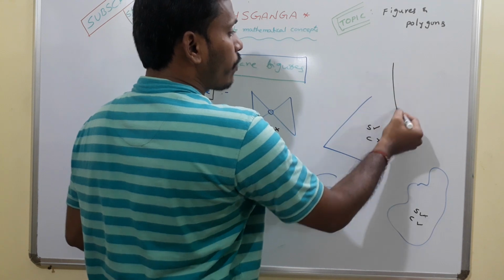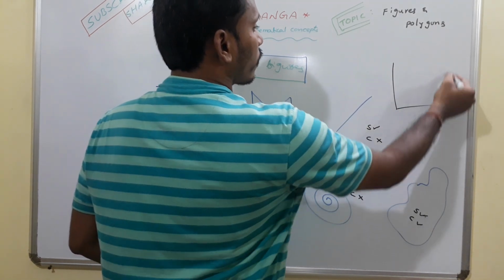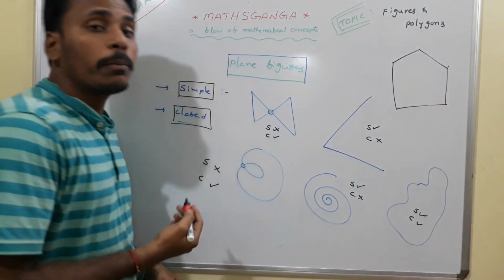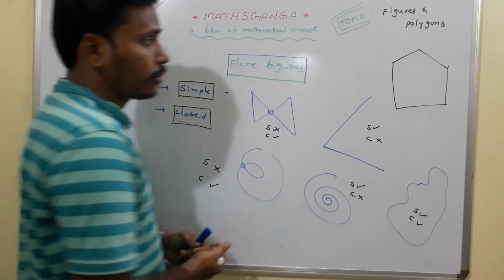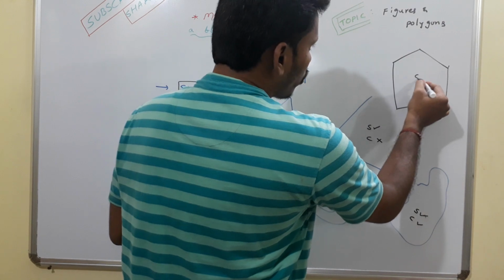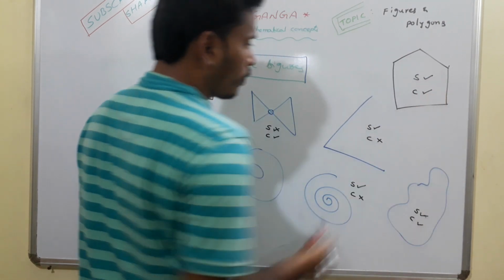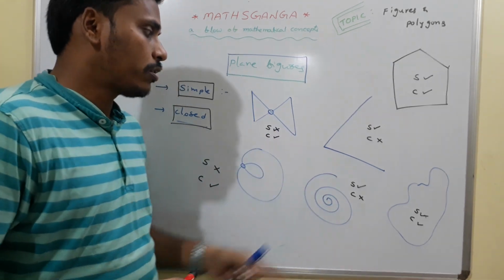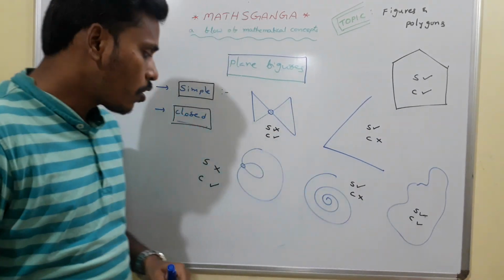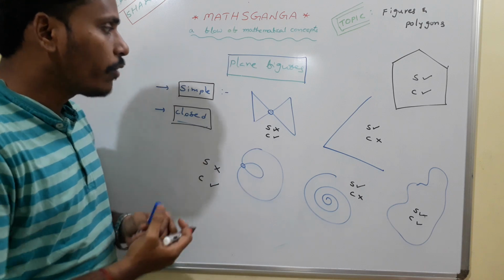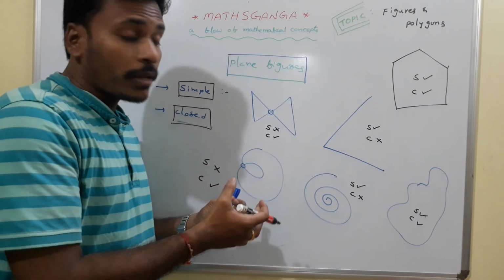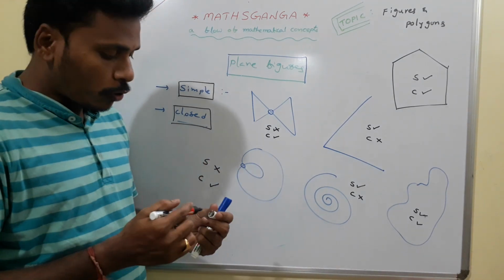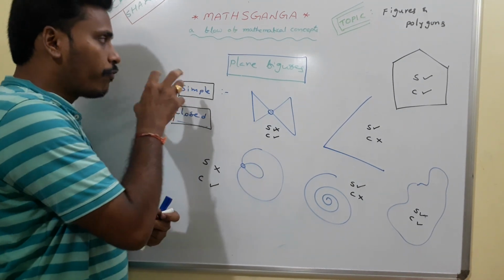For example, if we have a figure like this, it is simple because it doesn't have an intersection, and also closed. So: not simple, closed; simple but not closed; simple and closed. These are the basic types of figures.